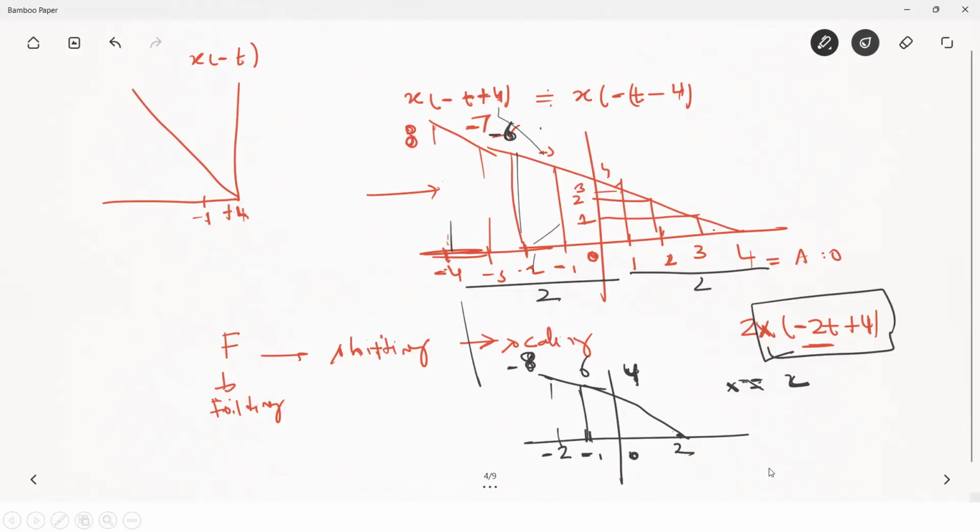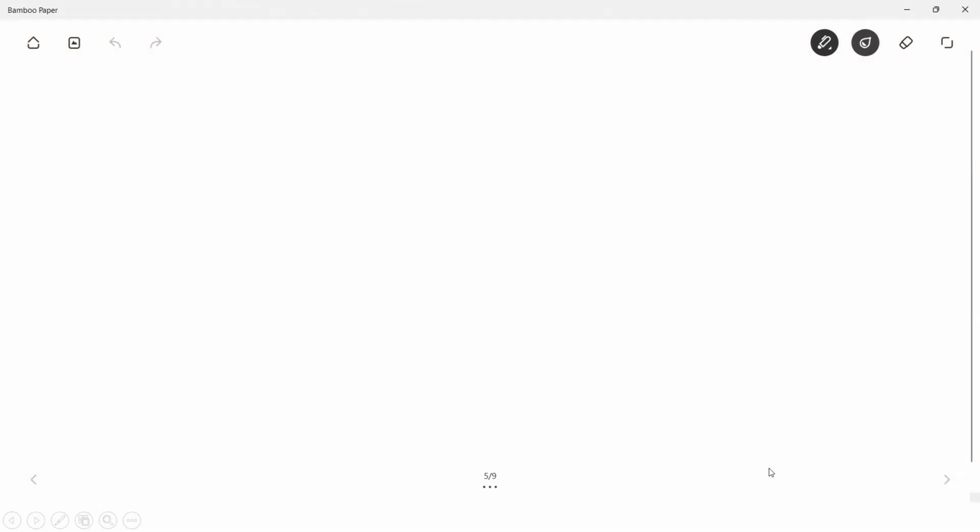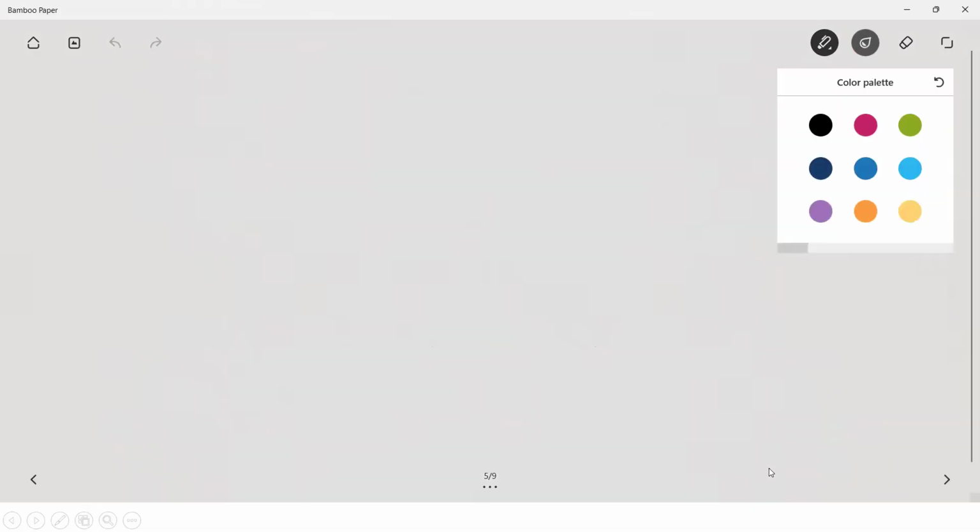So if you want to realize this final function, 2x of minus 2t plus 4, I'll just show you. So this is the final function that you will be retrieving. Here it is. So you have this final function here, 2x of minus 2t plus 4.